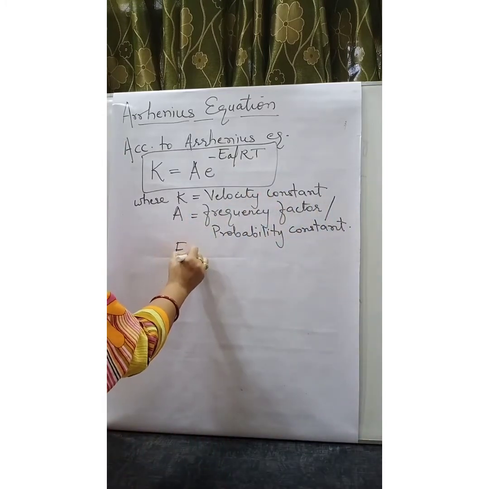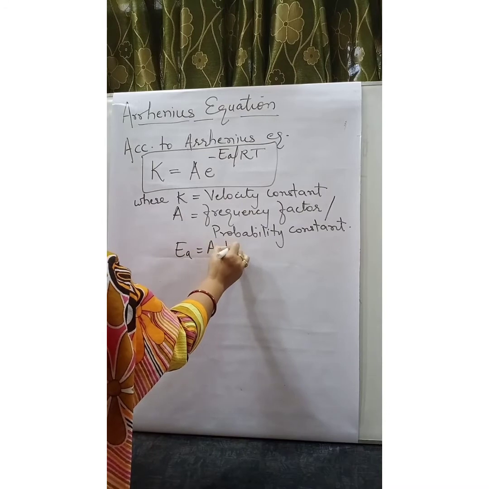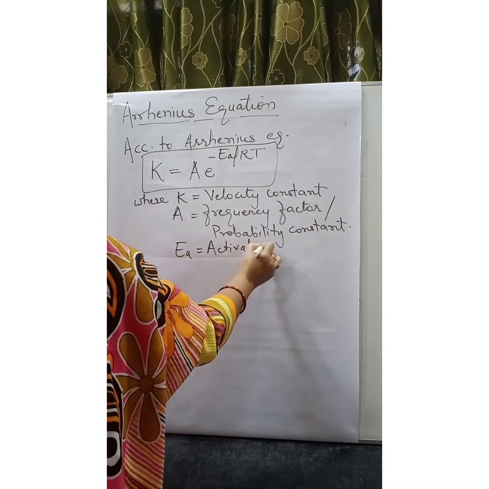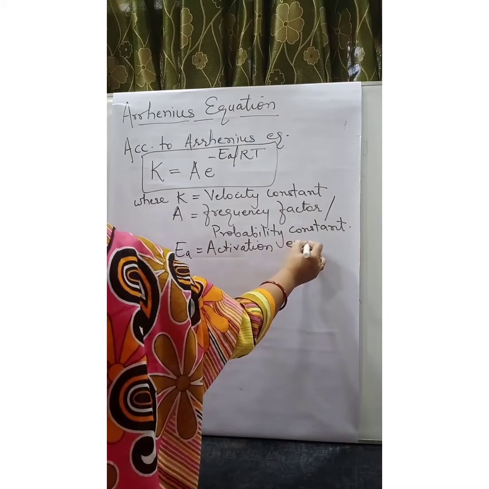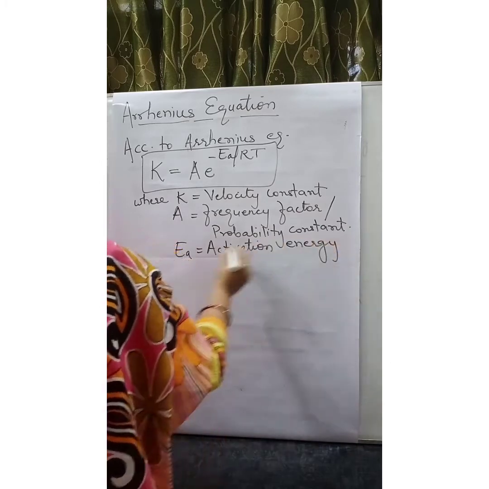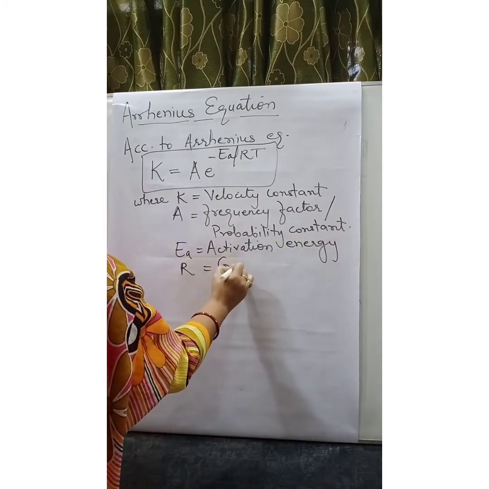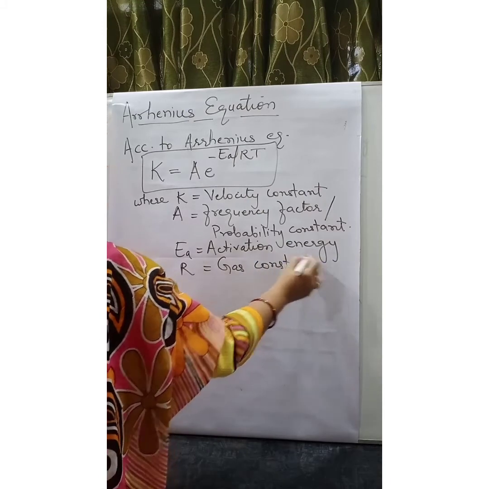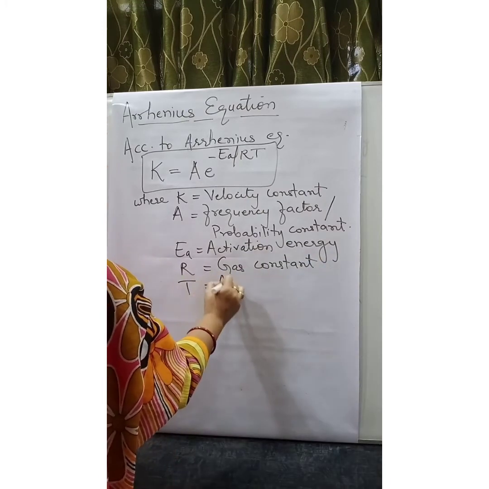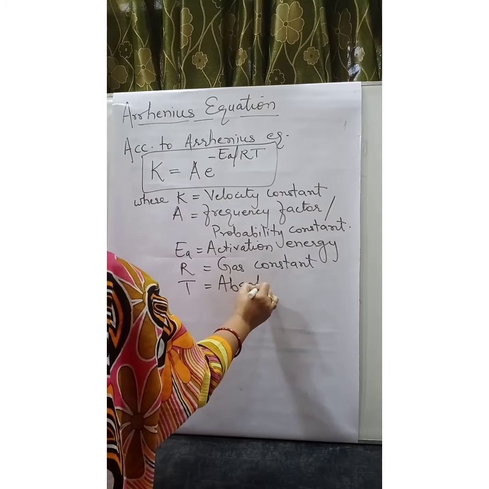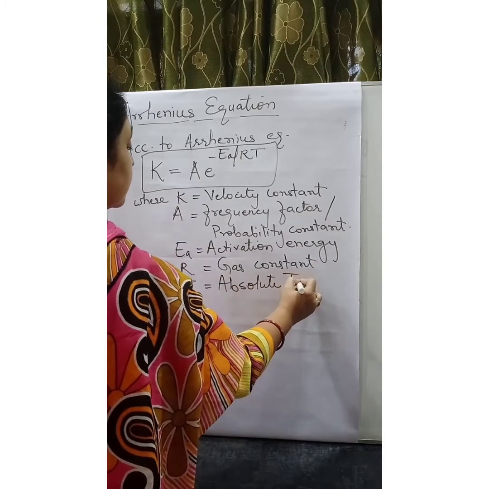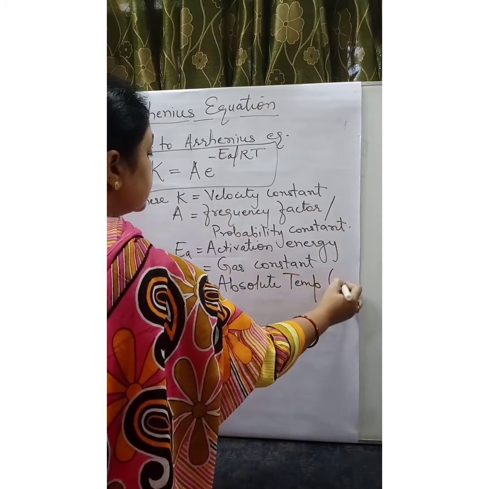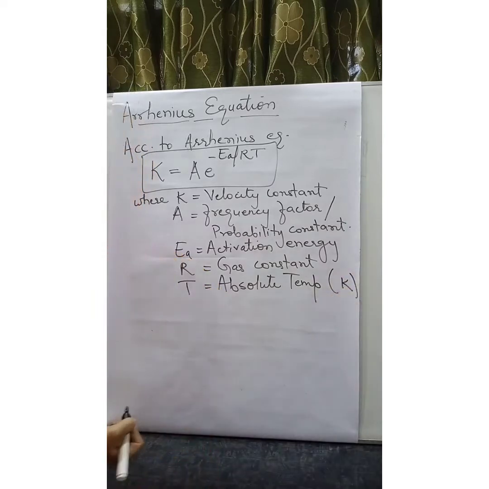Ea stands for activation energy, R is the gas constant, T is the absolute temperature. Absolute temperature means it is in Kelvin.